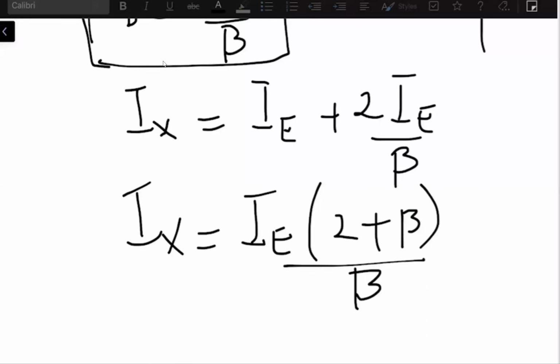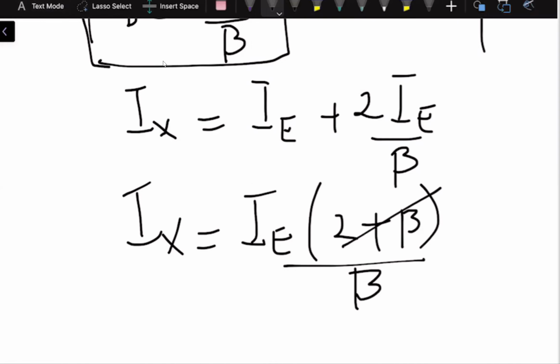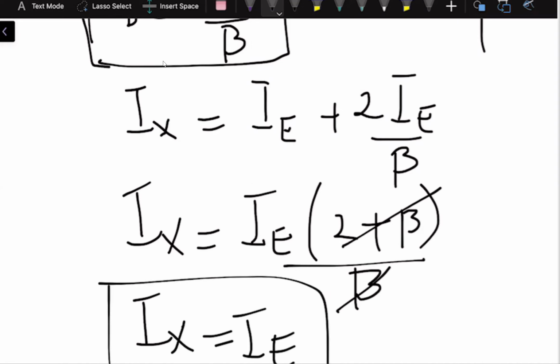So this means the 2 plus beta can be cancelled with beta, right? So this means Ix is equal to IE, right? Are you with me?